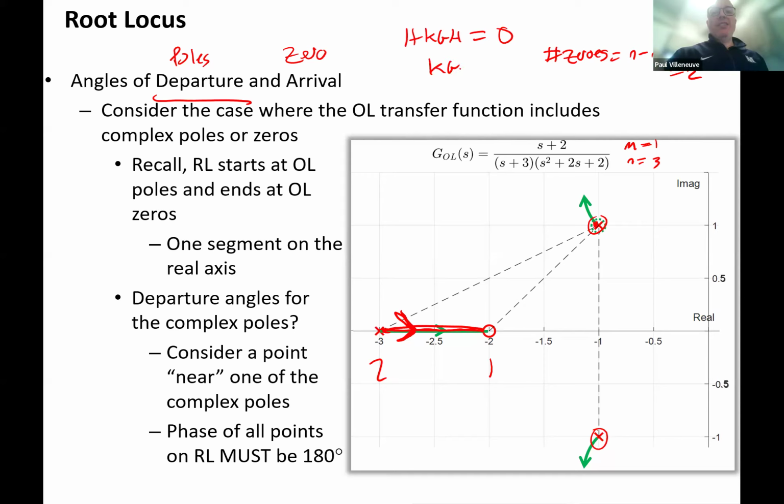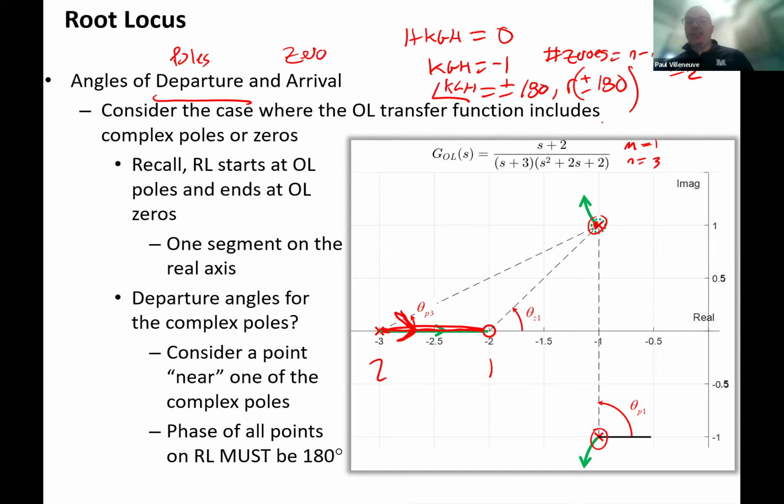So KGH has to equal -1, which means the angle of KGH has to equal plus or minus 180 degrees, and then r times plus or minus 180 degrees, because we just keep going from there. So it has to equal 180 degrees or some multiple.